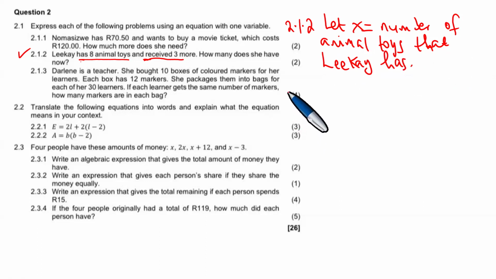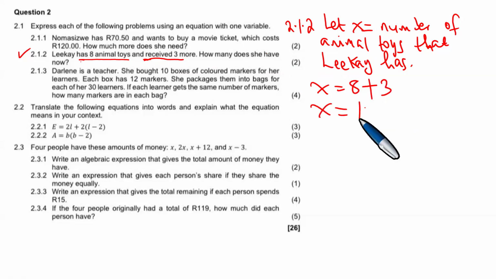If this is true, then x equals 8 animal toys plus 3 more, and 8 plus 3 is 11. It's 11 animal toys.